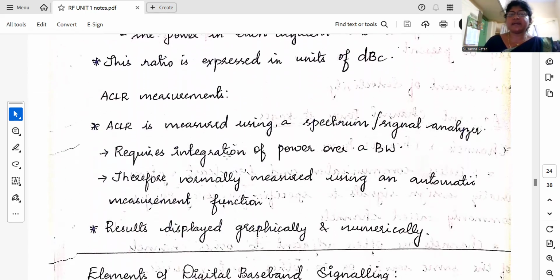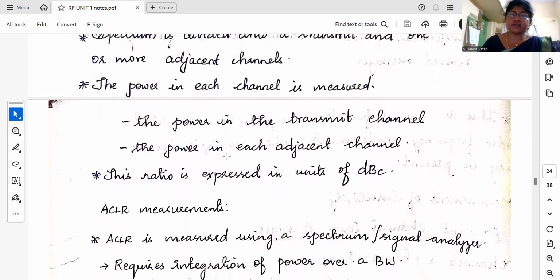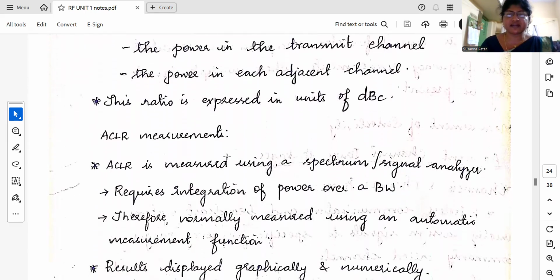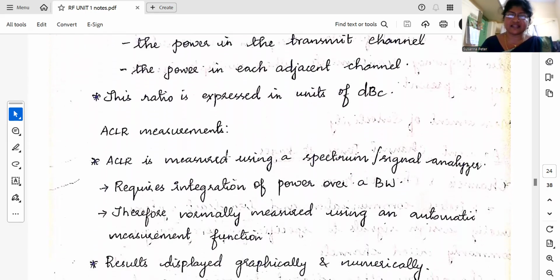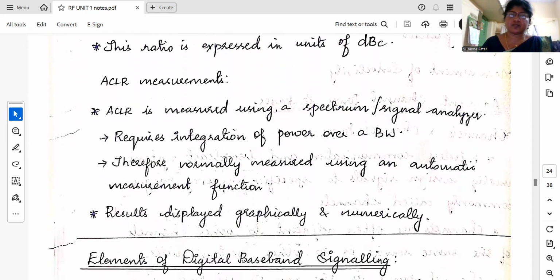So how do we measure the adjacent channel leakage ratio, ACLR? It's measured using a spectrum or signal analyzer. This measurement requires integration of power over a bandwidth, so we need to compare the values of power and bandwidth.